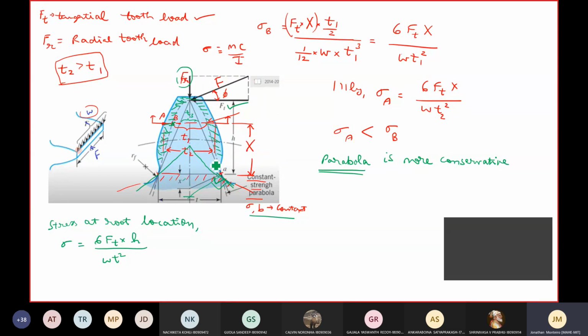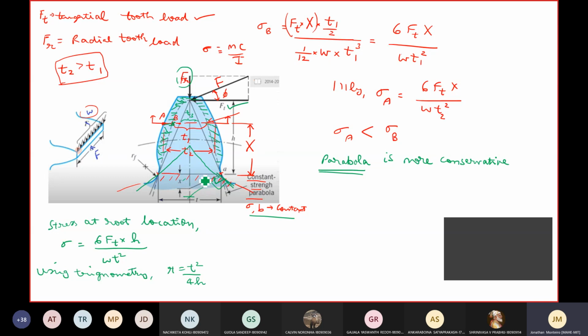So what should be this x value? Using trigonometry, we can write x is equal to t square by 4h. We can find it out later also.